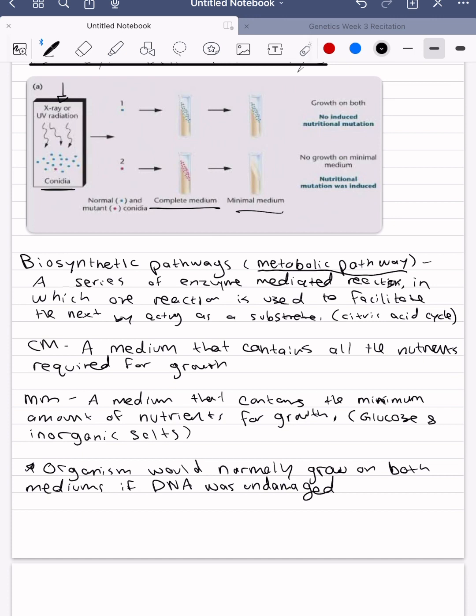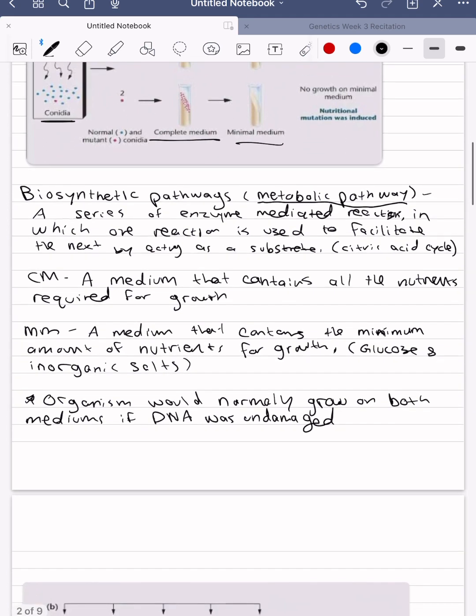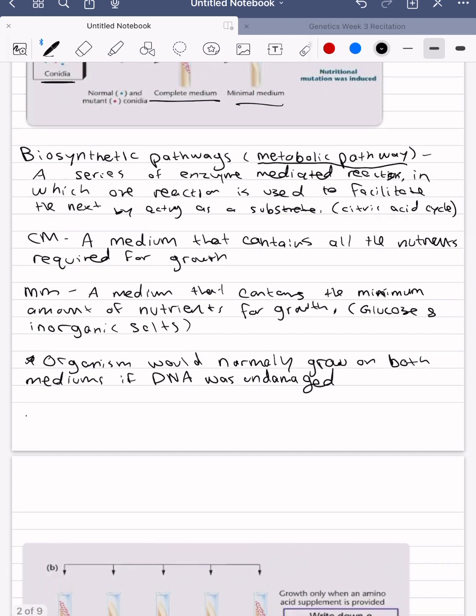The entire purpose of mutagenizing the organisms is to see if the organism will grow on complete medium and not minimal medium, or if it'll grow on both media. If it grows on both media, then the mutagenizing, I don't really know how to say the word, the process to damage the DNA was unsuccessful.